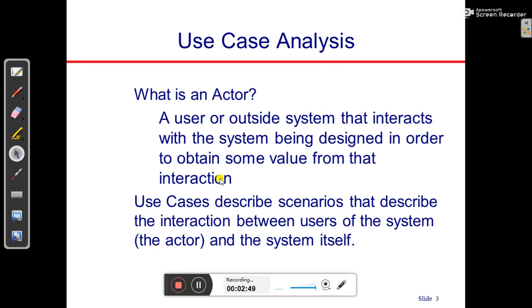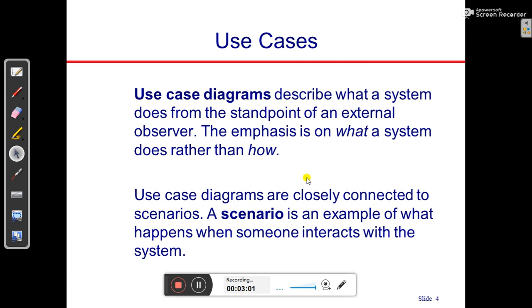Use cases describe scenarios that describe the interactions between users of the system and the system itself. So use case diagrams describe what a system does from the standpoint of an external observer. Whenever you are trying to draw a use case diagram, you need to be an external observer, like the system analyst, who describes what a system does.